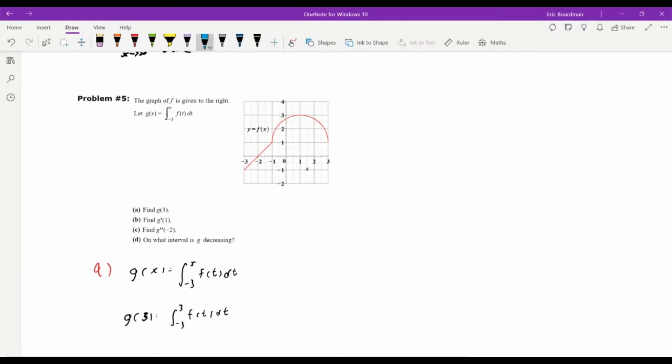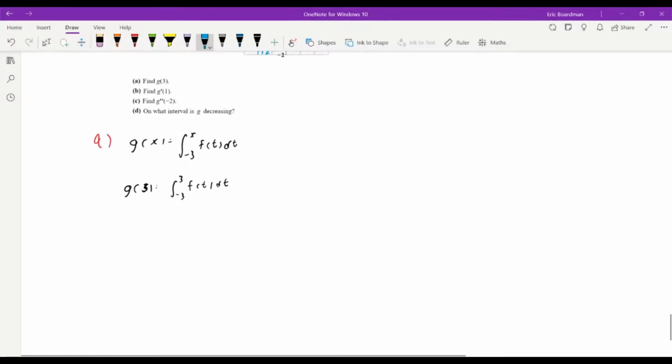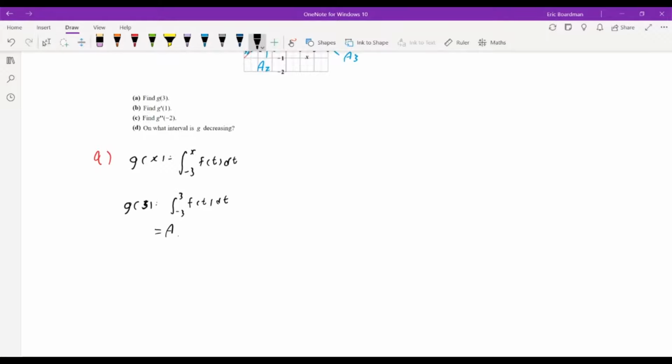So I can see that we have 3 or 4 different areas. So we have this area, this area, this area, and this area. I'm going to call this A1, that A2, that's A3, and then that is A4. So this will be A1 plus A2 plus A3 plus A4.